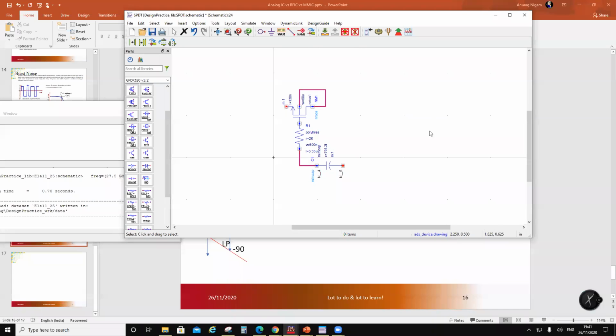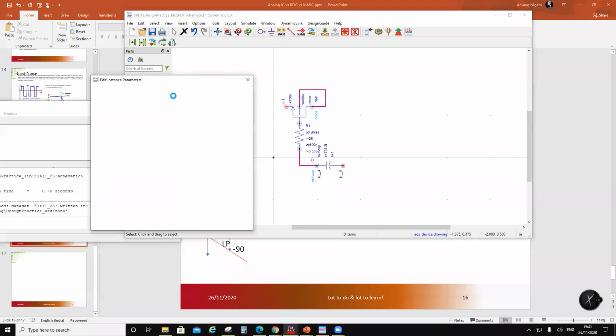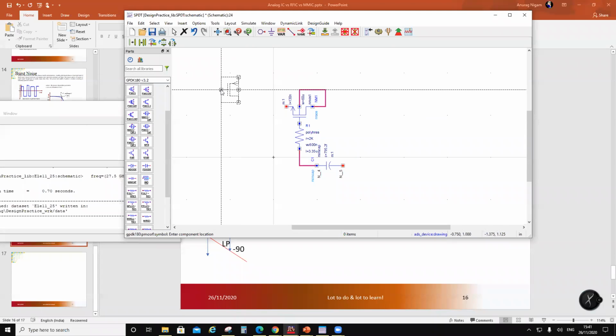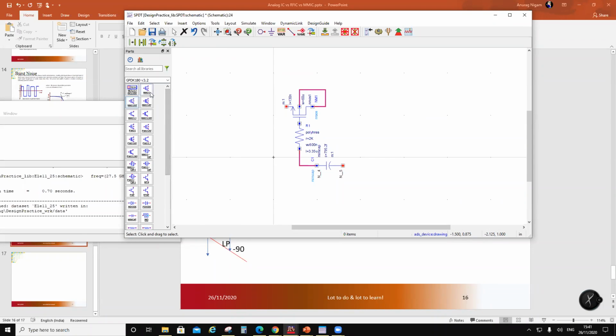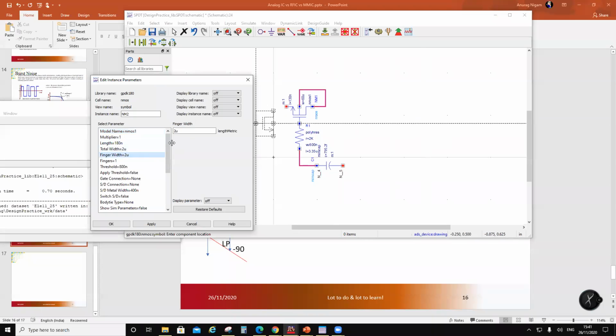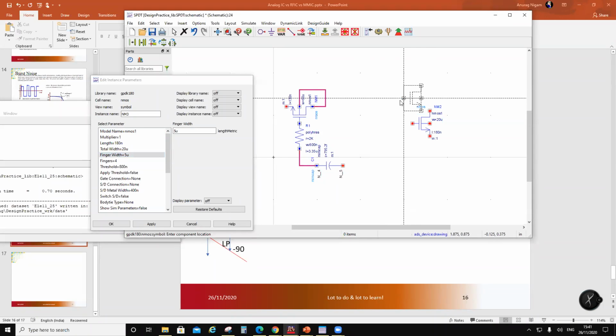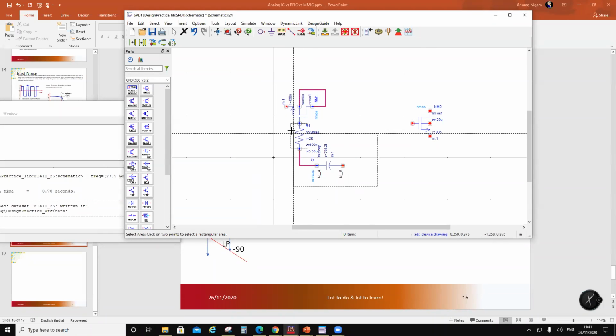The other element is going to be a shunt element. So I need not an RF capacitor, I need an NMOS. And this is your series pass element, and again, you need something like this.